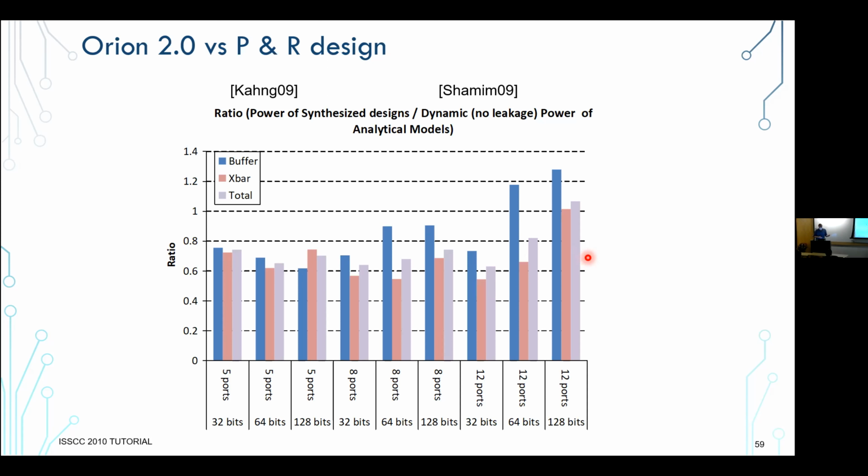So people have been looking at tools that can do more lightweight exploration that is still rooted in some reasonable estimation of what the area and power would be, right?